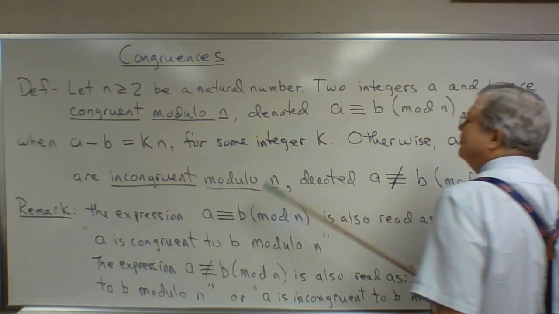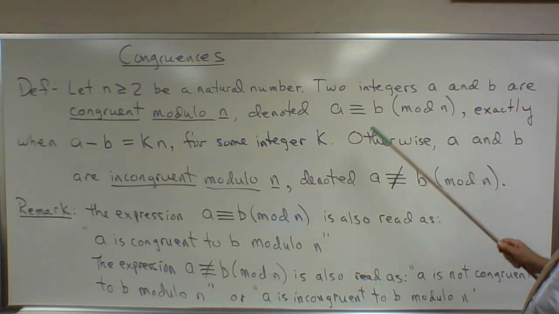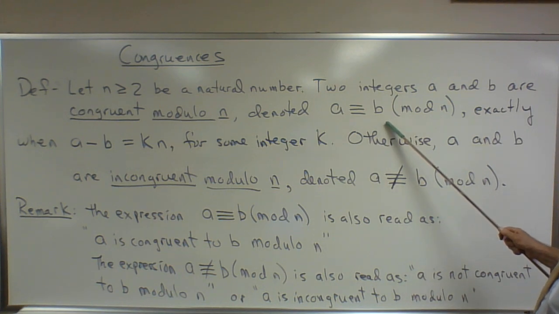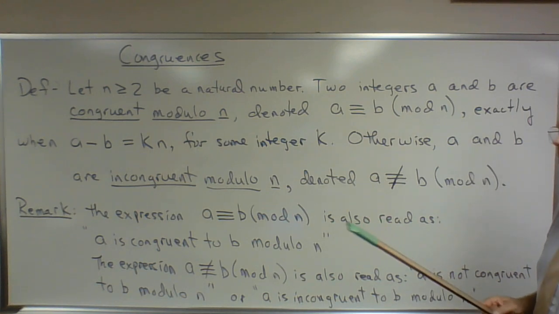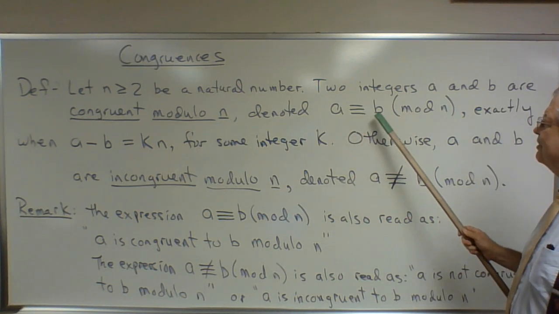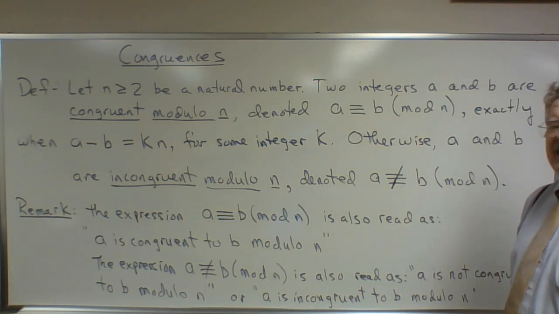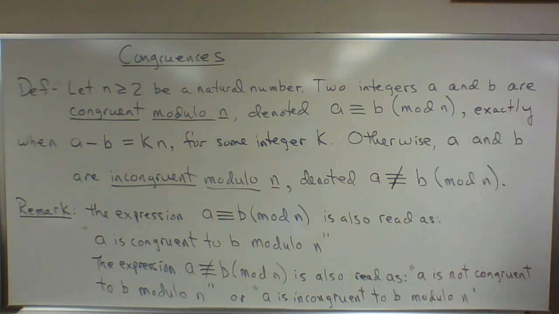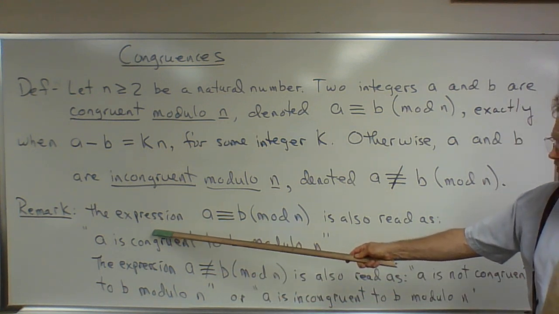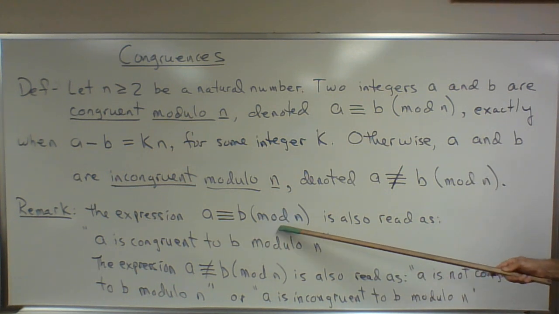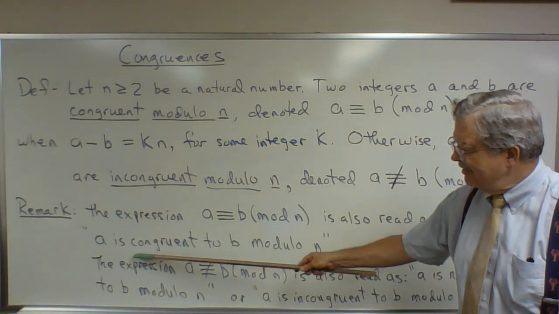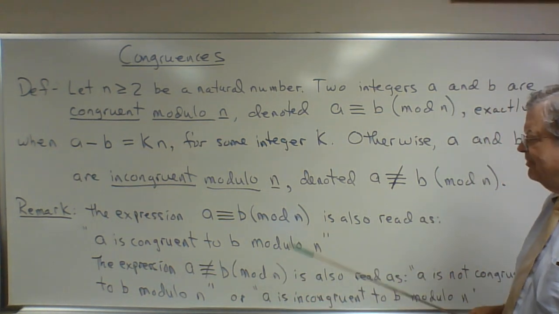Typically, I won't read this by saying a and b are congruent modulo n. You heard what I said. I said a is congruent to b modulo n. That's typically what we say. And this remark bears that out. The expression a is congruent to b modulo n is also read a and b are congruent modulo n.